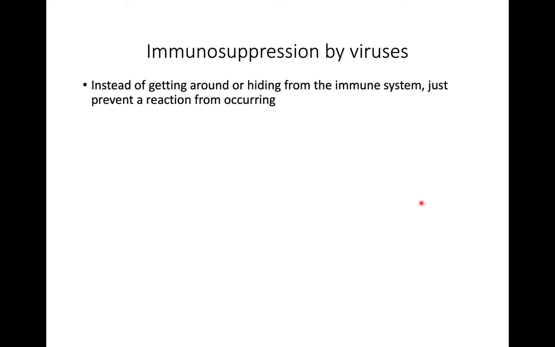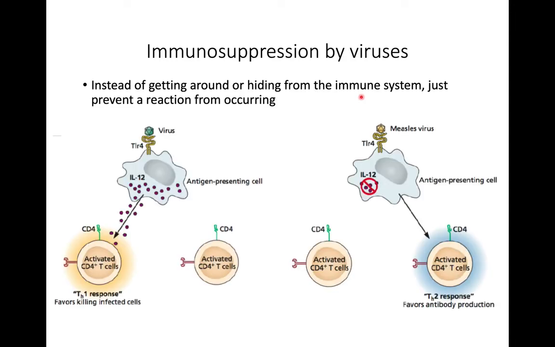So measles is really good at immunosuppression. One of the strategies of immunosuppression is to prevent a reaction from occurring. So instead of getting around the immune response or hiding from it, just don't let an immune response occur. Here on the left side we have a virus that's interacting with TLR4.